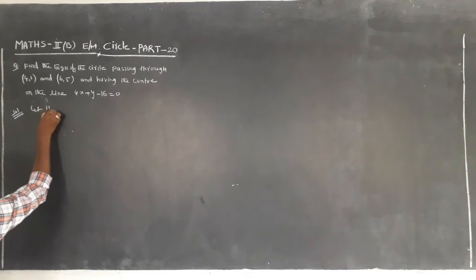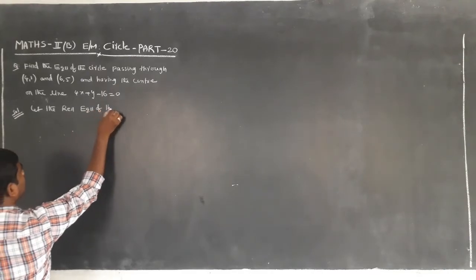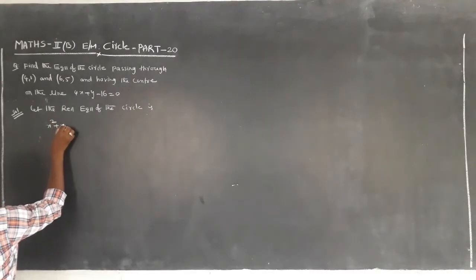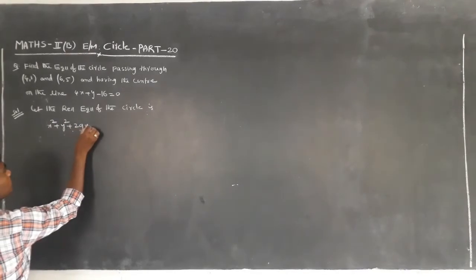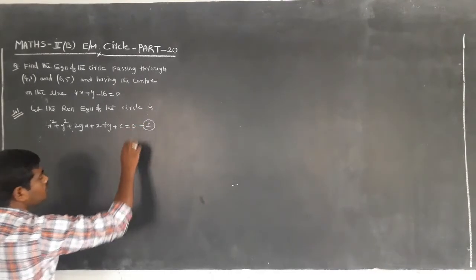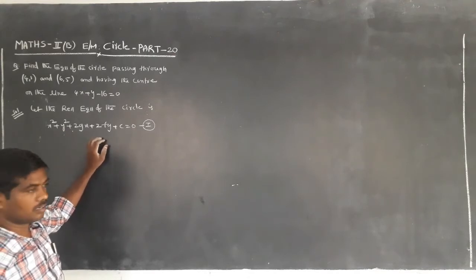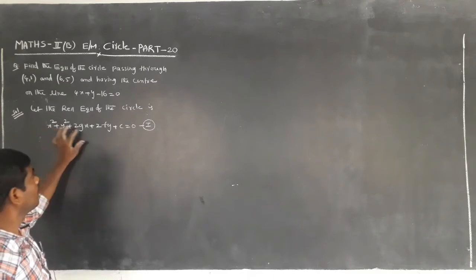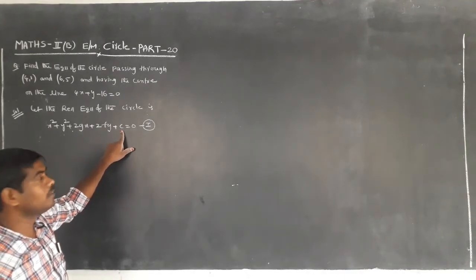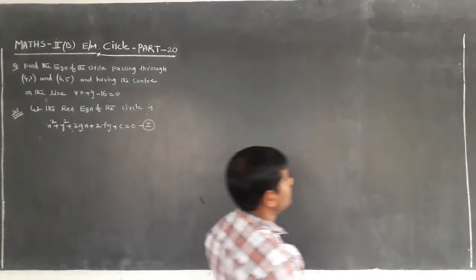Let the required equation of the circle be x square plus y square plus 2gx plus 2fy plus c is equal to 0. Here we find the values g, f and c.